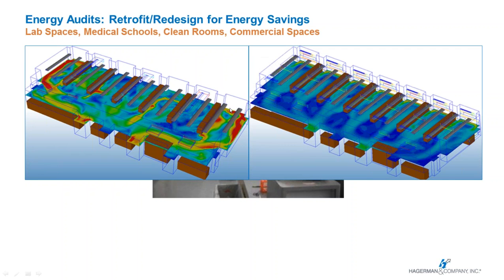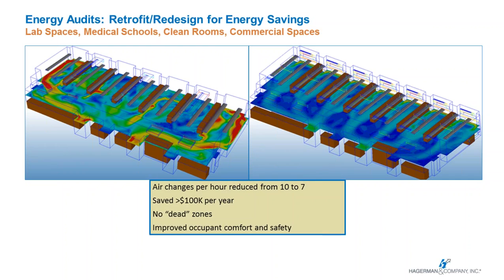So a design change was made such that we got a much better flow through the system, much more even flow, and not only did it improve the safety, but because we were able to reduce the air changes per hour from 10 to 7, it actually ended up saving over $100,000 per year. And there are numerous types of these labs around at Yale, so ultimately it saved them a lot of money.